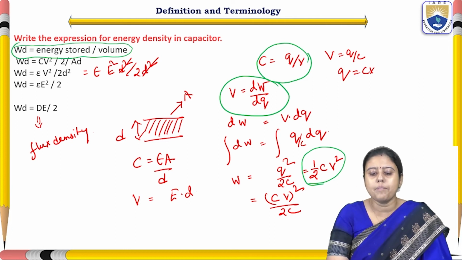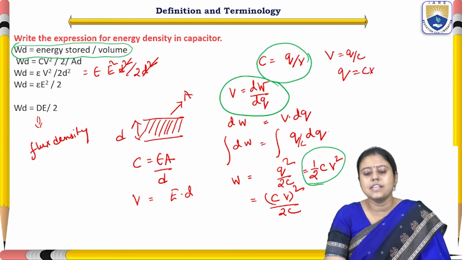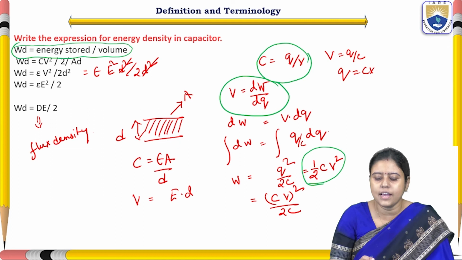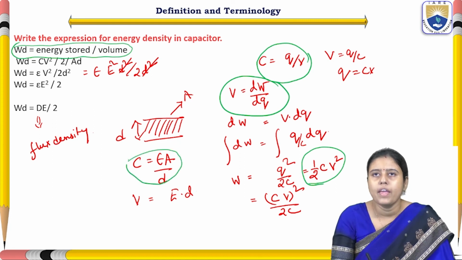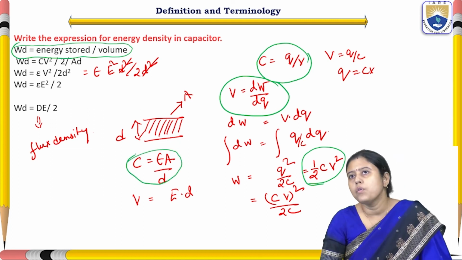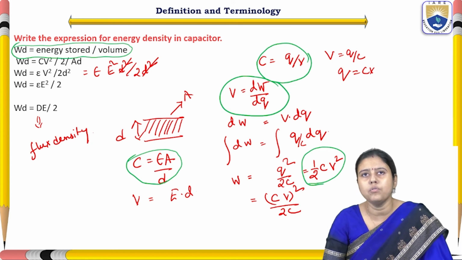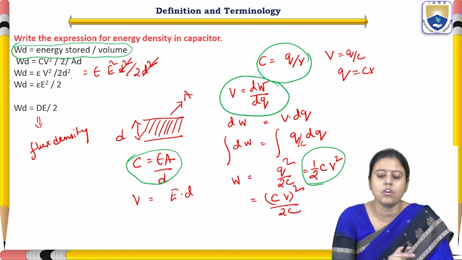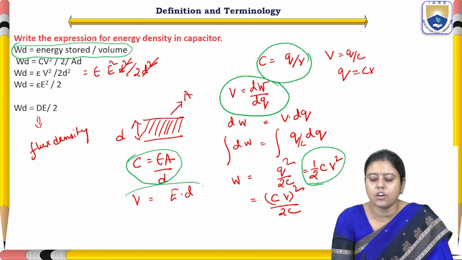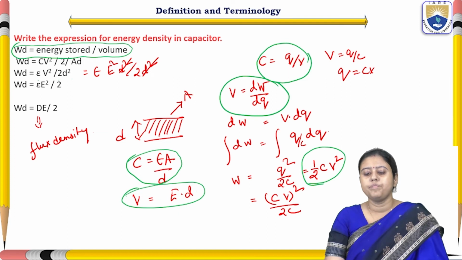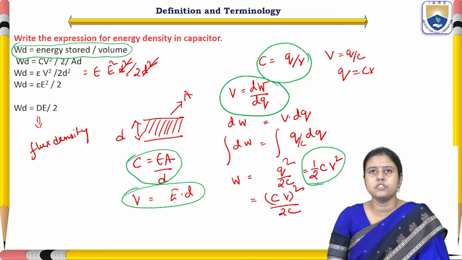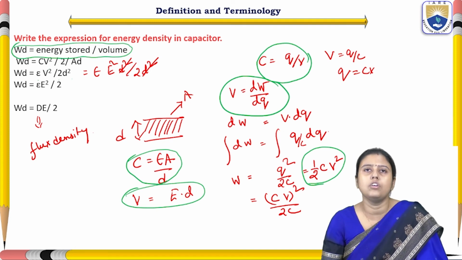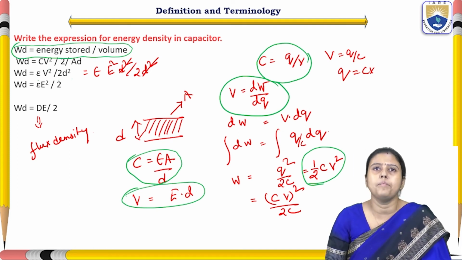Putting the value, we get CV squared by 2AD. Now C is nothing but epsilon A by D. Putting the value, we got epsilon V squared by 2D squared. Again, V is equal to E into D. Substituting, we got W_D is equal to epsilon E squared by 2.